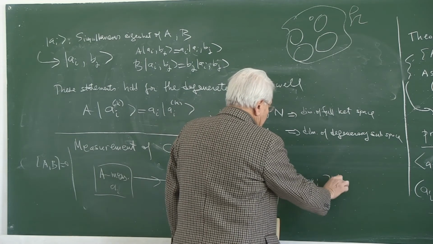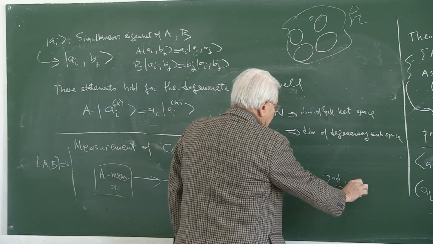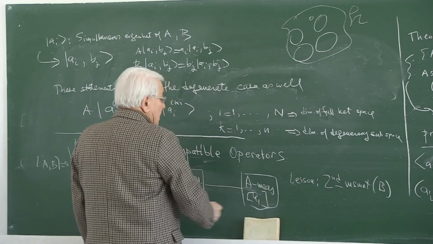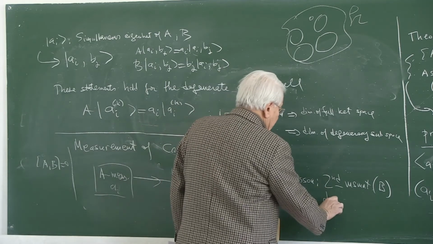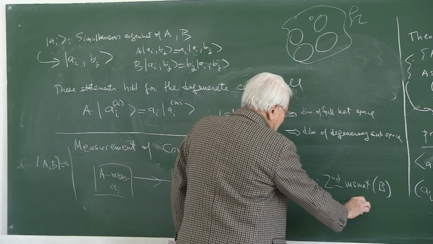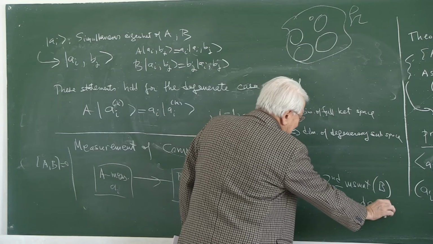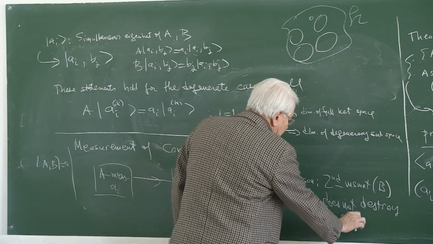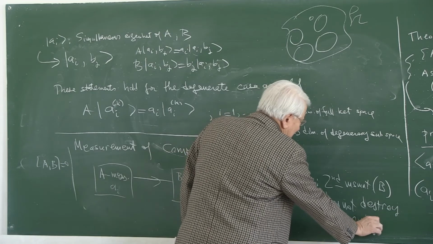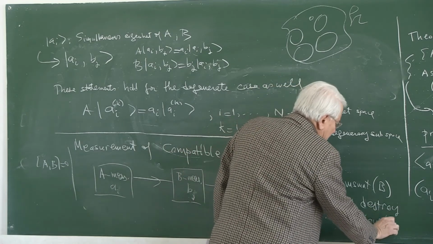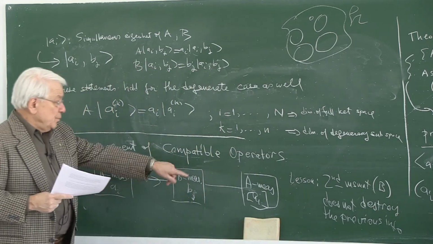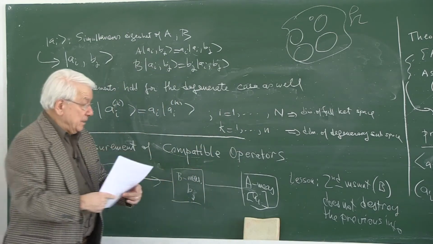Lesson. The second measurement, that is the B measurement, right? Doesn't destroy the previous information. It is kept in the memory of the system. So you measure it, you get a_i again.